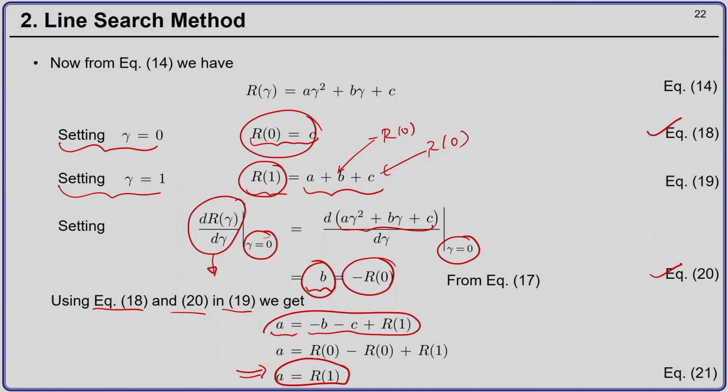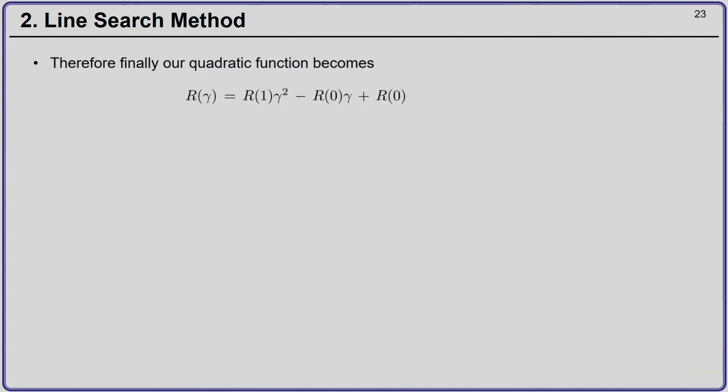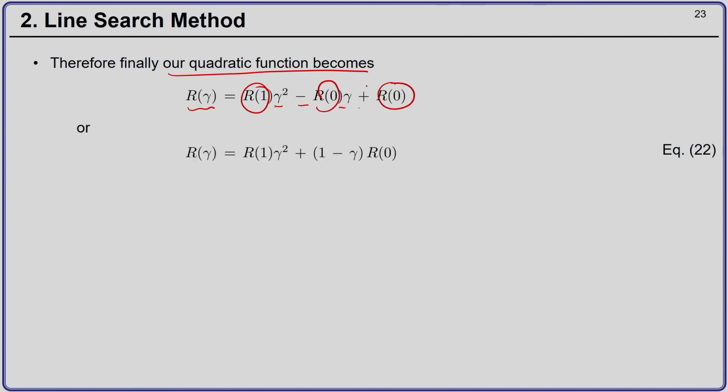Therefore, our quadratic function now becomes R of gamma equal to R 1 into gamma square minus R 0 into gamma plus R 0, which I simplify, and then my quadratic function becomes R 1 into gamma square plus 1 minus gamma into R 0.